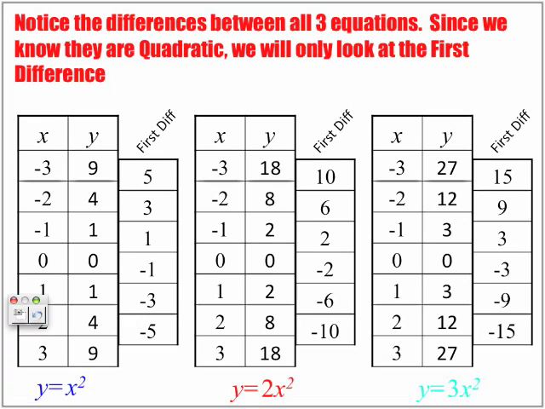So let's move this here because we can't see what that equation is. So here we have the equations that we worked at. y is equal to x squared, y is equal to 2x squared, and here this one is 3x squared. Okay? And let me rewrite this one up here, if you can't see that bottom one from home.